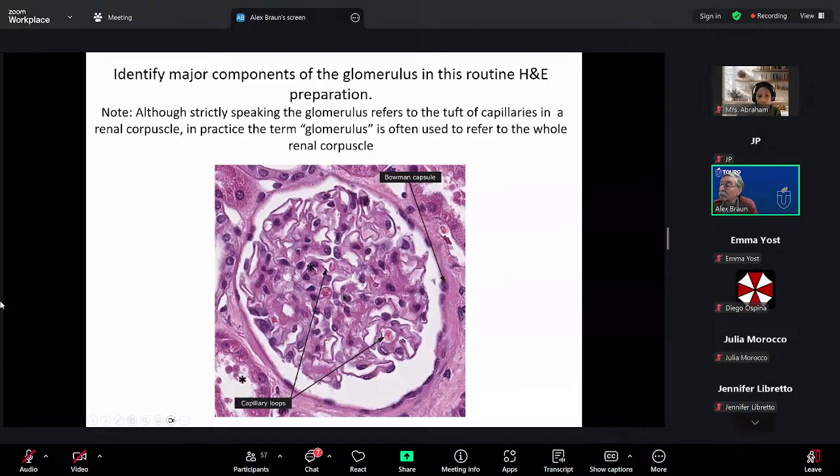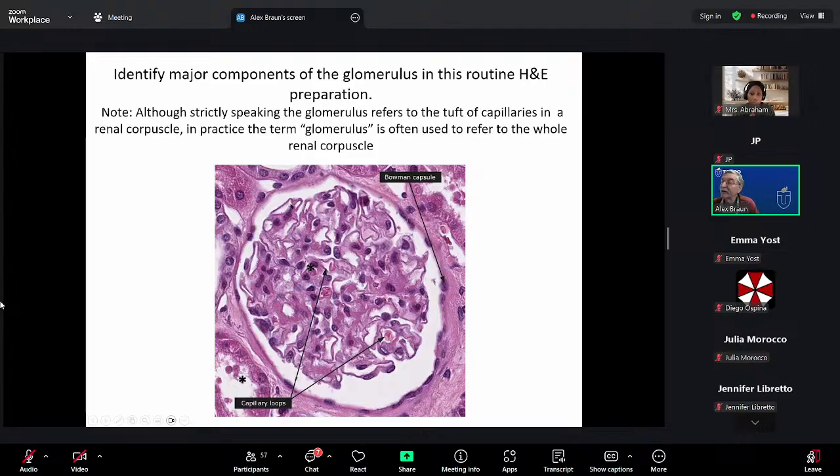I also know that the capillary loops are surrounded by or contain glomerular basement membranes as part of the capillary loop. And if I look carefully, I see what looks like a loopy looking line, like right there and right there and right there and right there and right there.